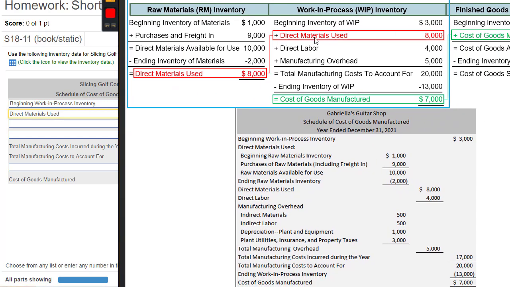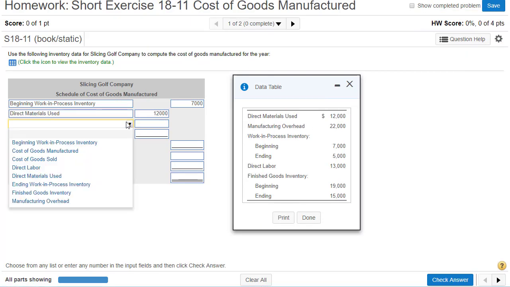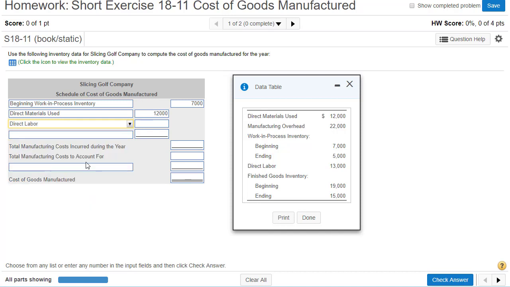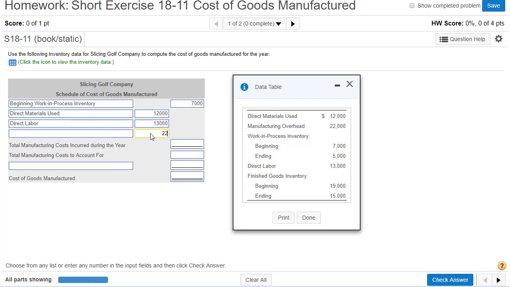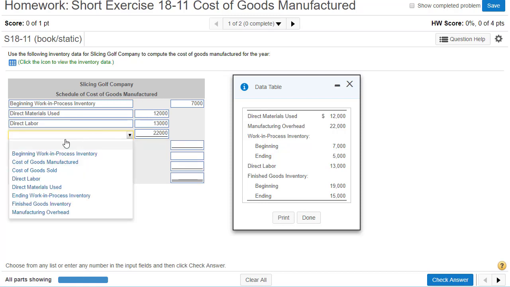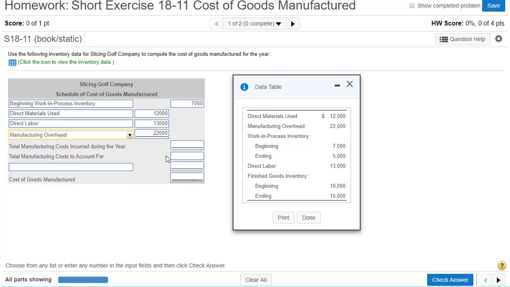After direct materials, we've got direct labor, which was 13,000, and then we need manufacturing overhead, 22,000. We're going to add these up, and this gives us 47,000.